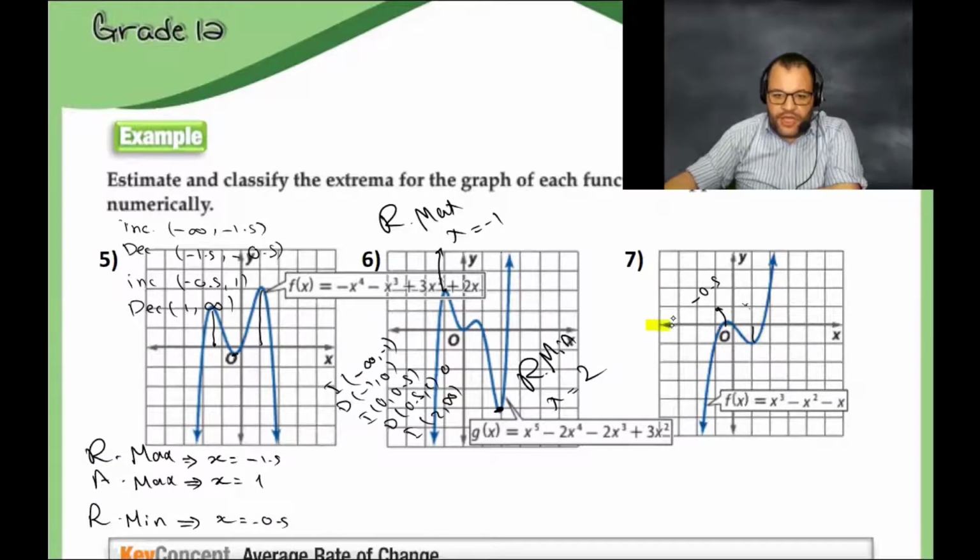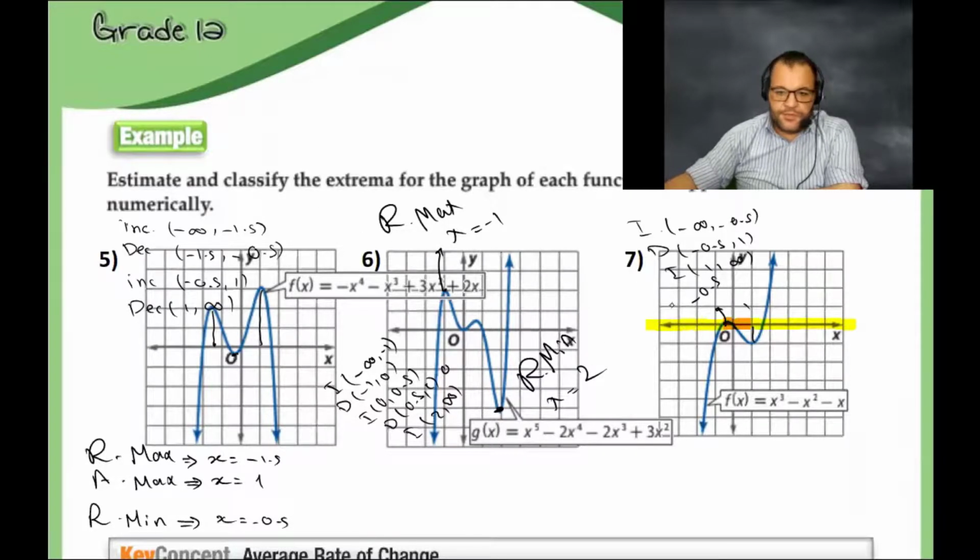The yellow is for the increase and the orange for the decrease. So now we have increase from negative infinity to negative 0.5, decrease from negative 0.5 to 1, and increase again from 1 to positive infinity.